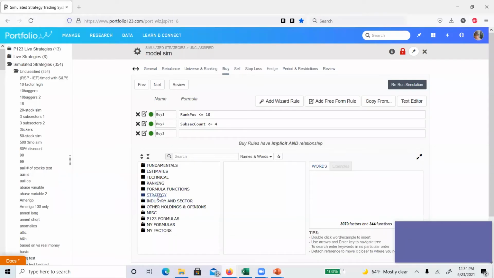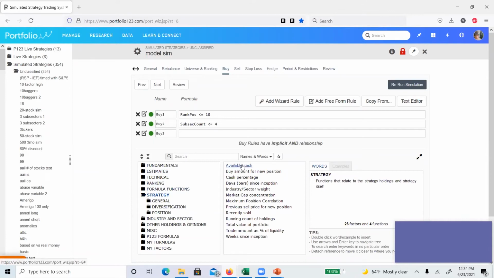I would definitely familiarize yourself with the options in this folder here, strategy. I would go through each one of these and read about them. There are so many really cool things that you can do and rules that you can play with. I'm always discovering new rules, new toys to play with in the simulation using these strategy rules.